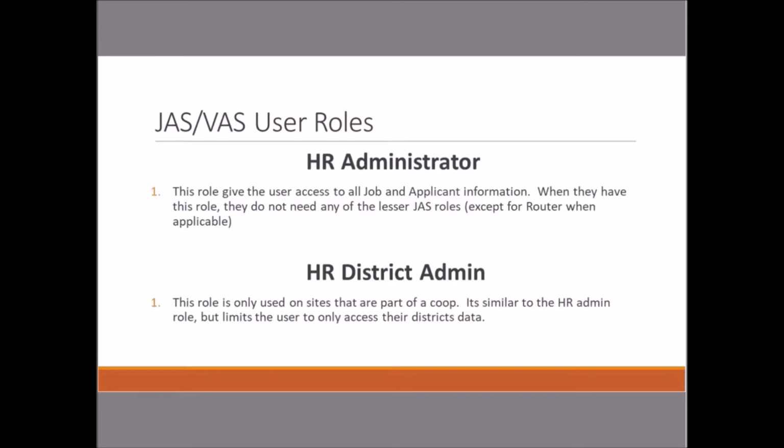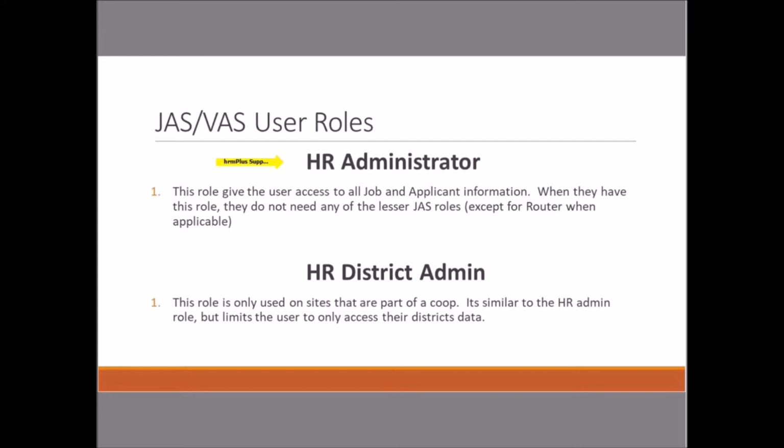Then the HR administrator role can be found in the jobs portal and the volunteer portal, and that's kind of the master role. Anybody who has the HR administrator role sees everything under the management tab.